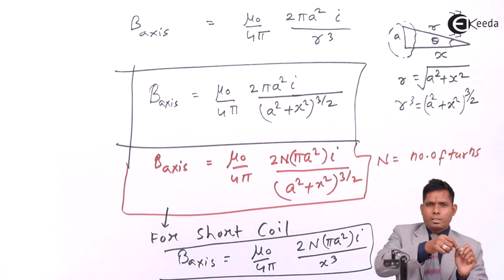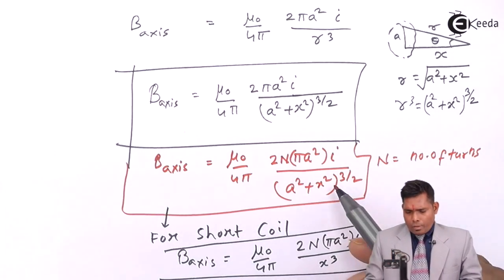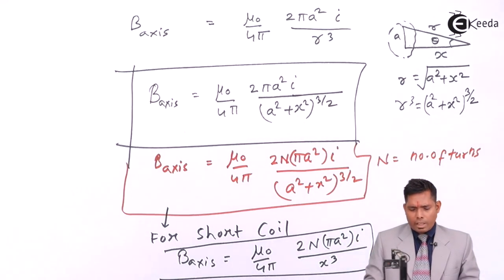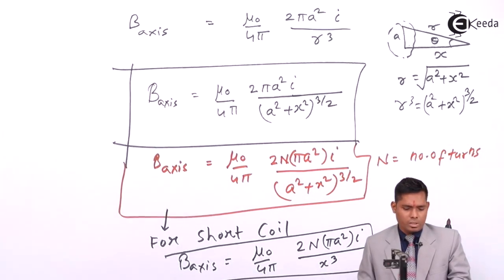If that point is on the center, there is no distance of separation, so therefore x is 0. If you put x is 0, then what will this expression reduce to?